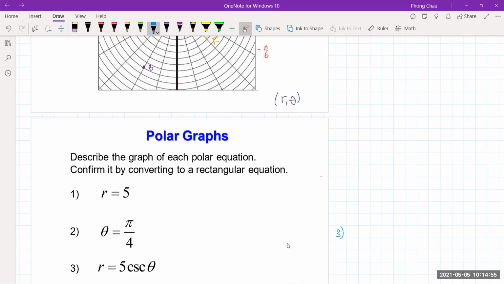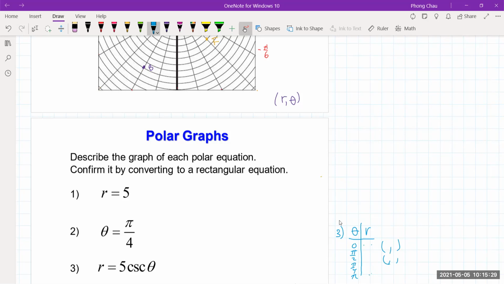Instead of doing x and y, we're doing theta and r. So you plug in the values for theta, we pick some like 0, pi half, pi fourth, and pi, etc. Then you use your calculator to get the r values, okay? When you have that, you have the point (r, theta), you plot them, and you connect those dots.